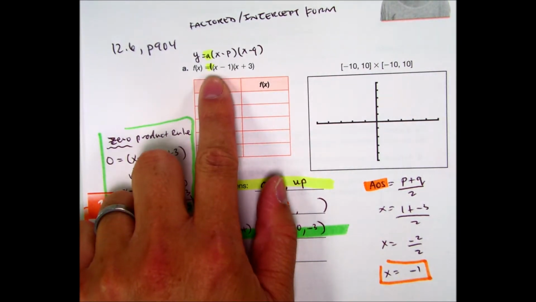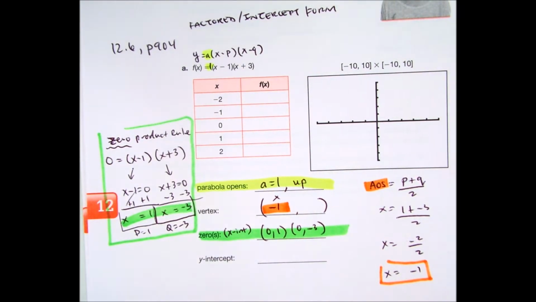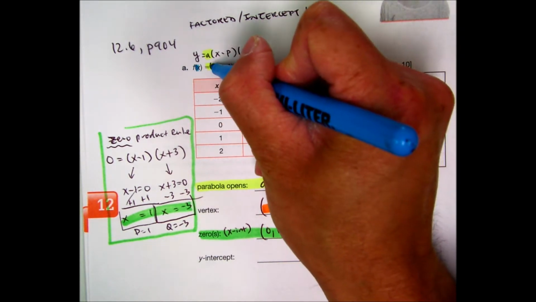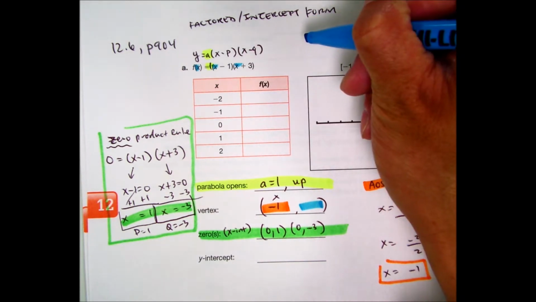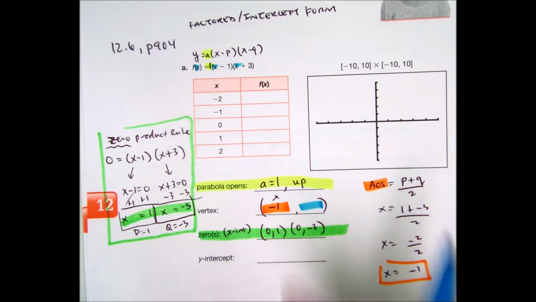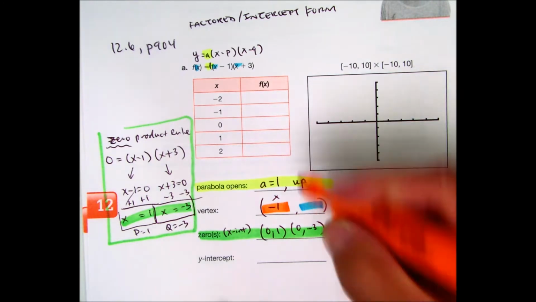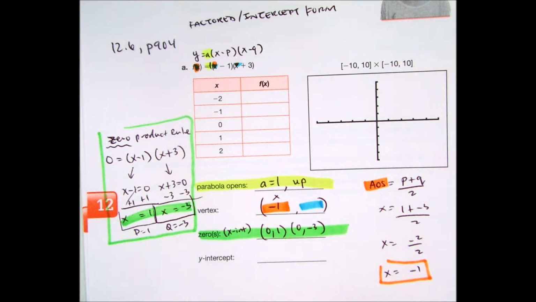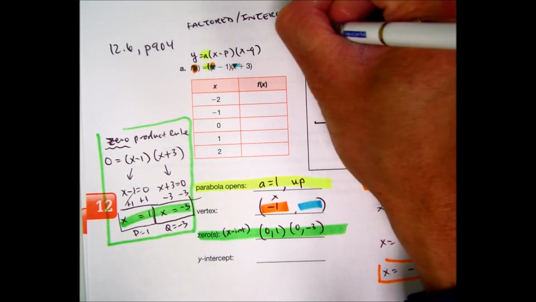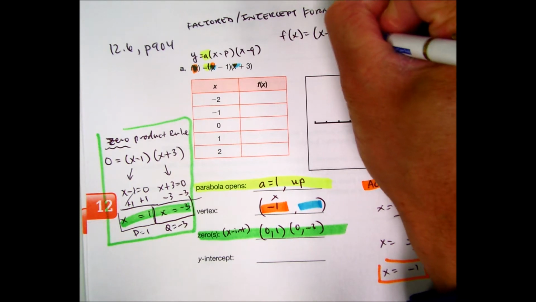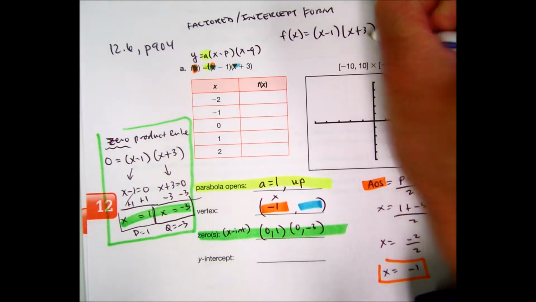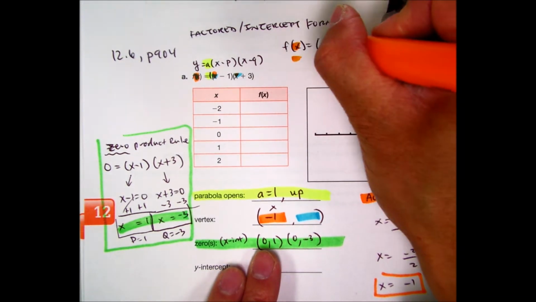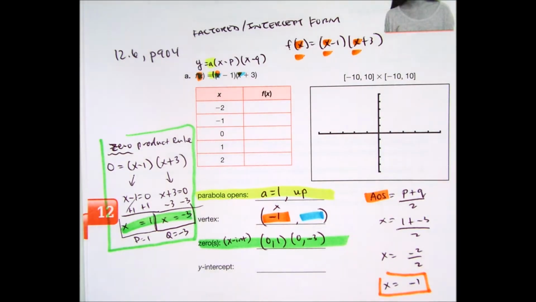Let's do that. To find my y value, you can just use function notation. So every x there, we're going to write, I should have done that in orange. Do it again. X is -1. I'm going to put in for every one of those values. Okay, let me rewrite it. F of x equals x minus 1, x plus 3. And every x value, I'm going to write -1.